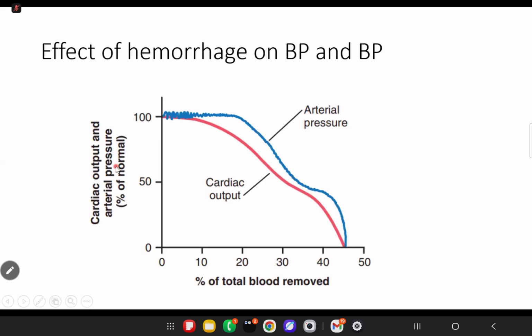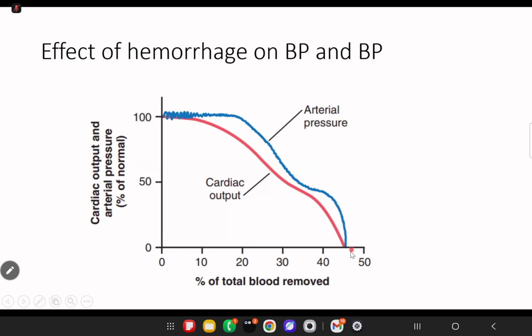Right. So what is the effect of hemorrhage on blood pressure? Let's look at the changes in arterial pressure.